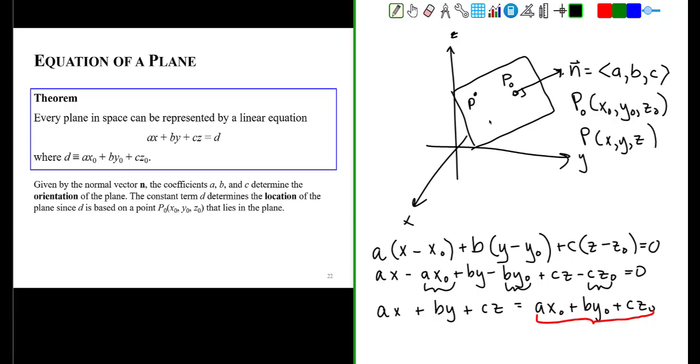We will call this D. And with D, we can now express another form for an equation of a plane as Ax plus By plus Cz is equal to D, where D is that constant term that we pulled out involving the components of the normal vector and the coordinates of our known point in the plane.